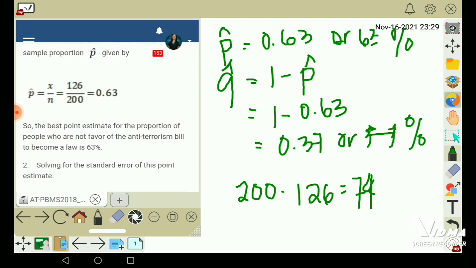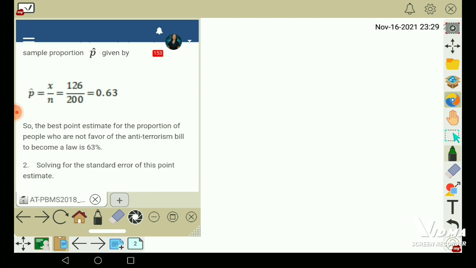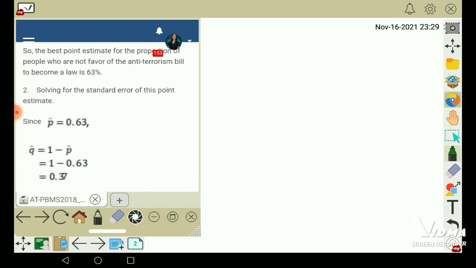For number 2, how would we solve for the standard error? As we have already determined, we have p hat, the sample proportion, which is 0.63, and q hat, those who are in favor, which is 0.37.